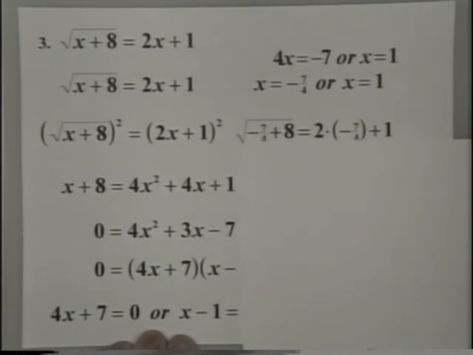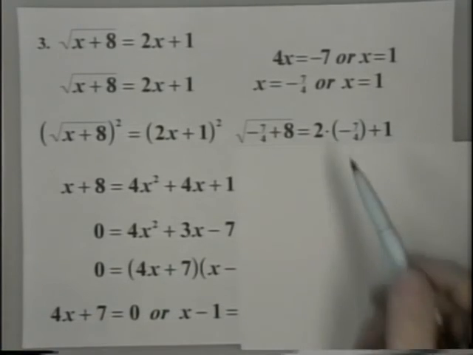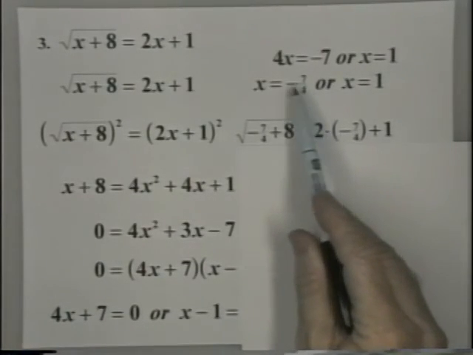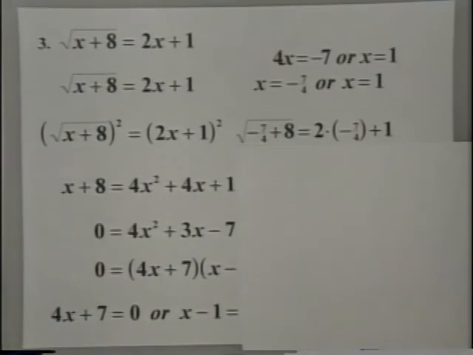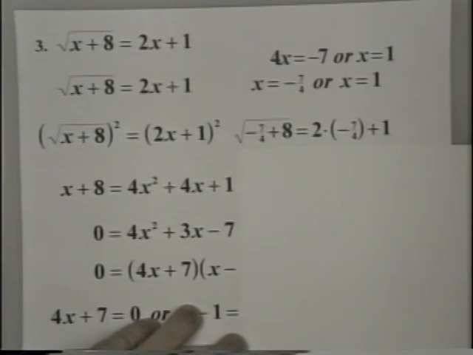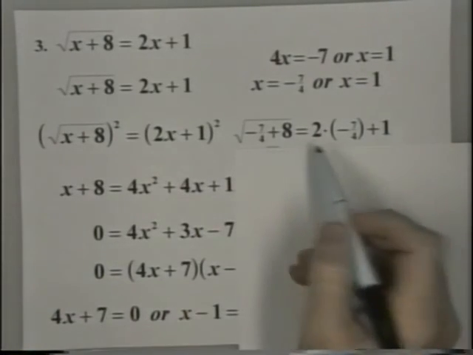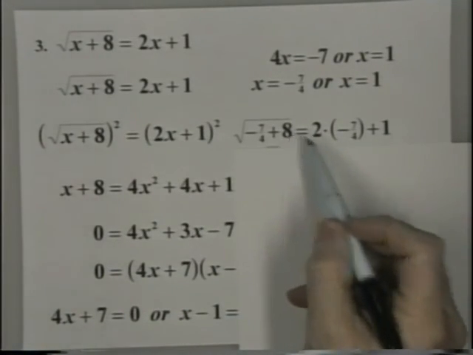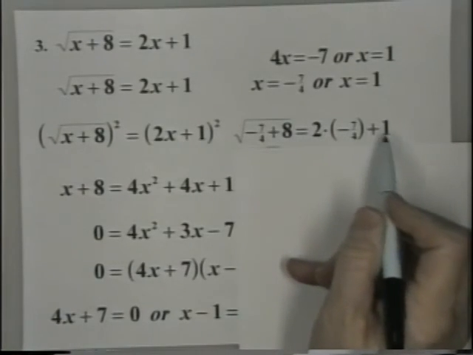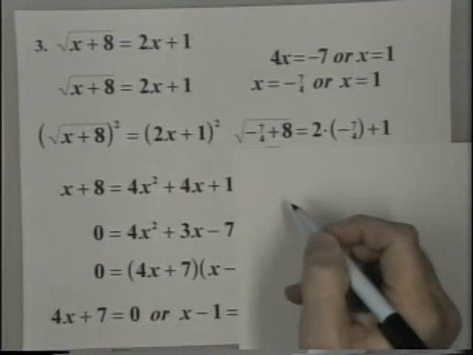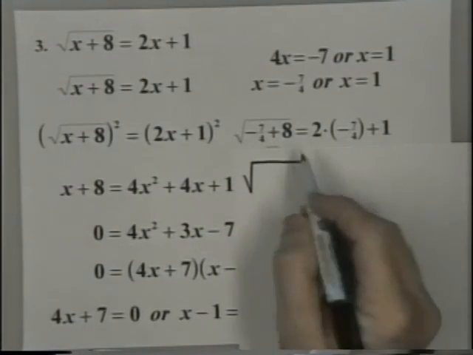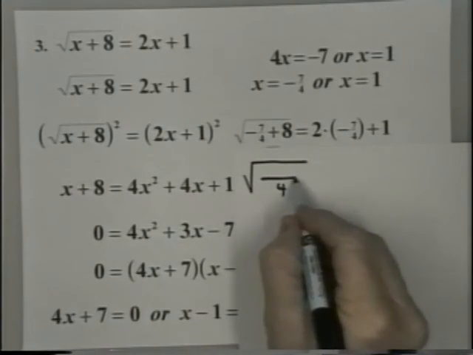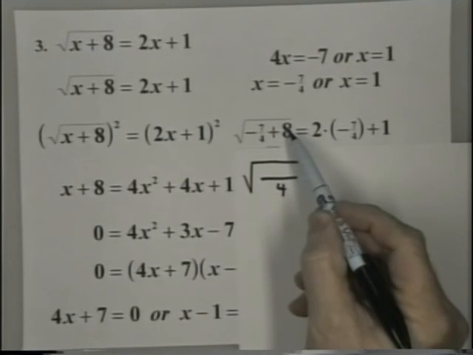And now we need to check it. So let's first check with the negative fraction. Put negative 7/4 in for x, and it's the square root of negative 7/4 plus 8 equal to 2 times negative 7/4 plus 1. Well, that's kind of messy, but all you got to do is get a common denominator there of 4. So we need to change that to fourths. 8 is 32 fourths.